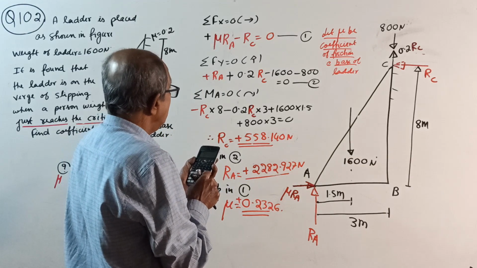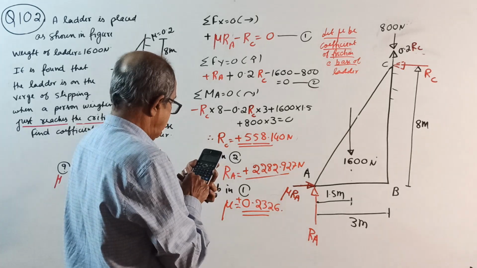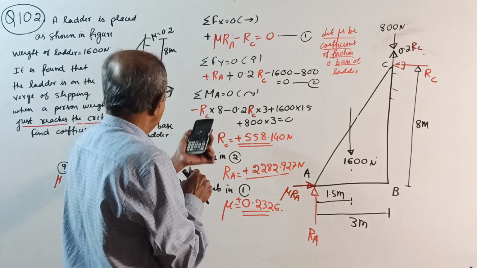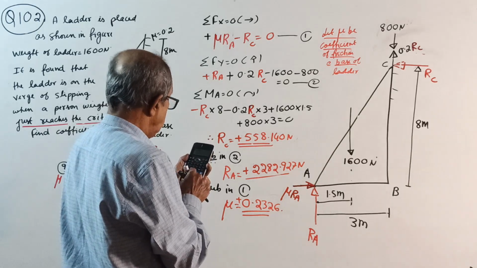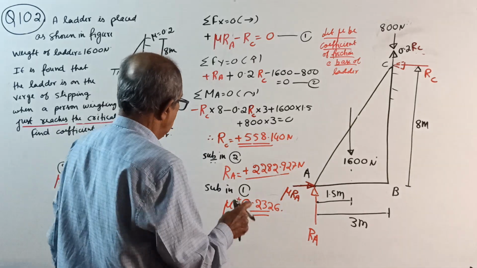1600 into 1.5 plus 800 into 3, divided by bracket 8 plus 0.2 into 3. Yes, 558.140.